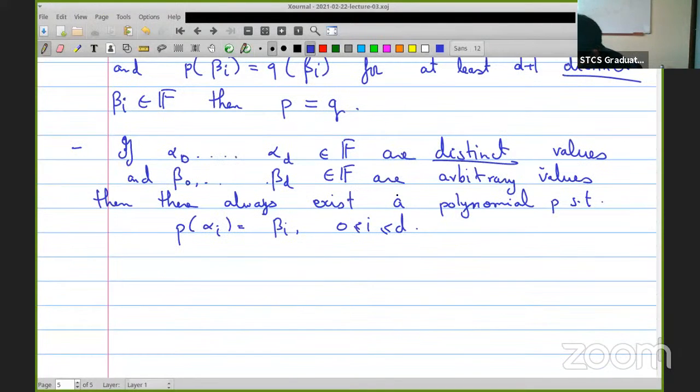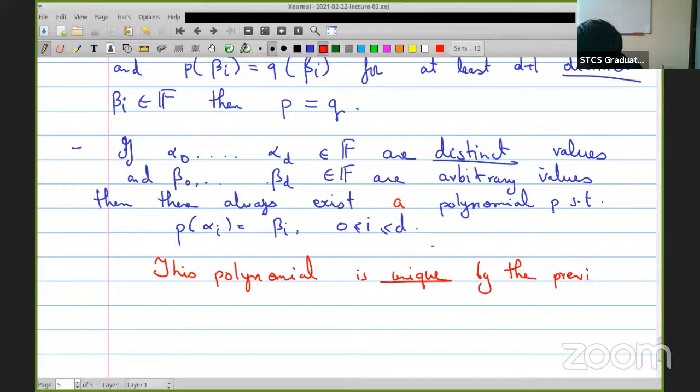And this polynomial must be unique by the previous fact.